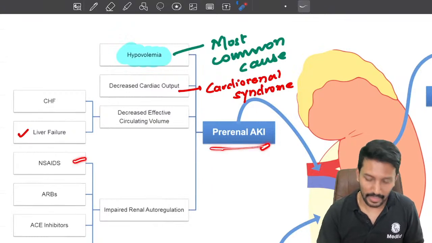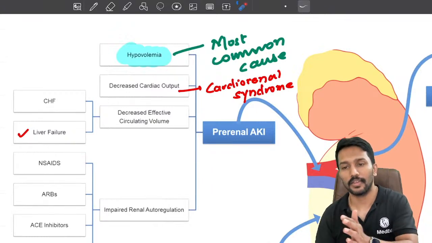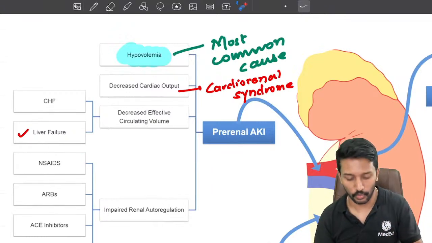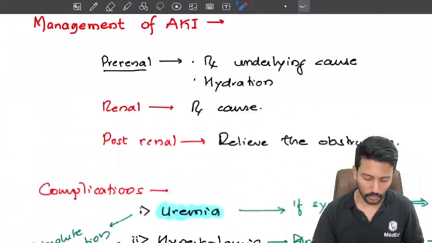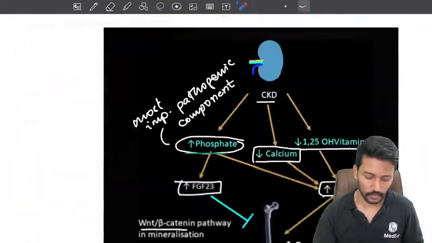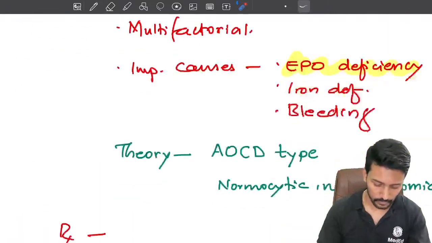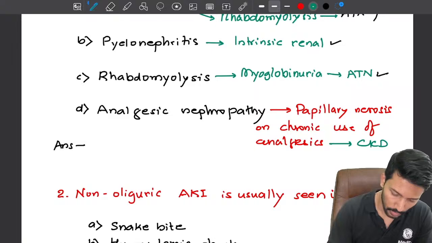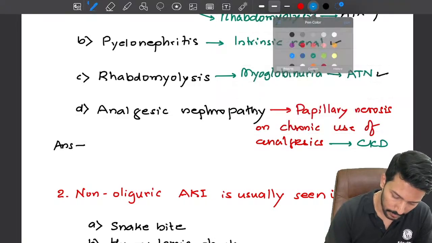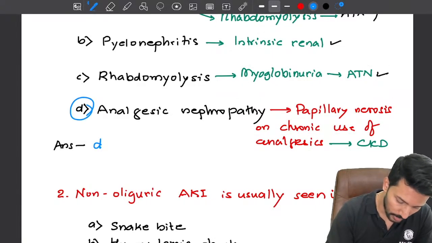So this will be AKI, but when you chronically take analgesics, they will develop renal papillary necrosis, and that is CKD. So what should be the answer for the first question? The answer should be option D.